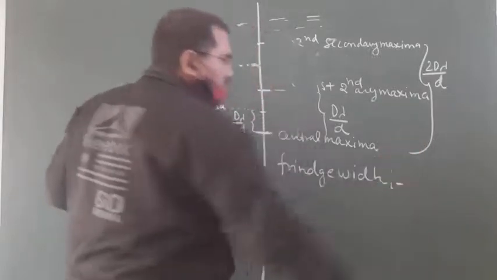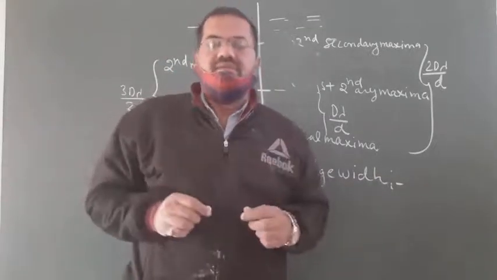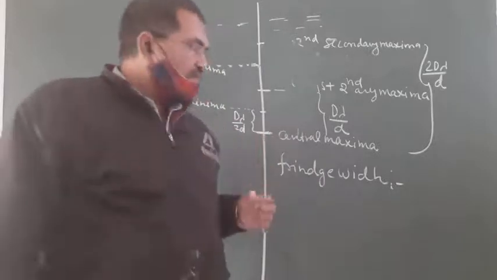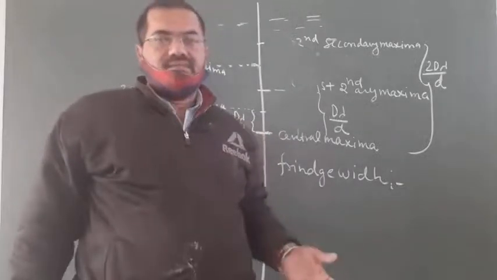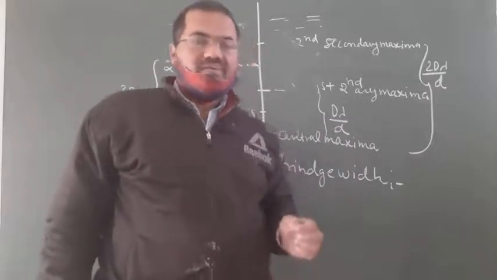What is fringe width? The distance between two consecutive maximas or minimas is called fringe width, and both values are the same.